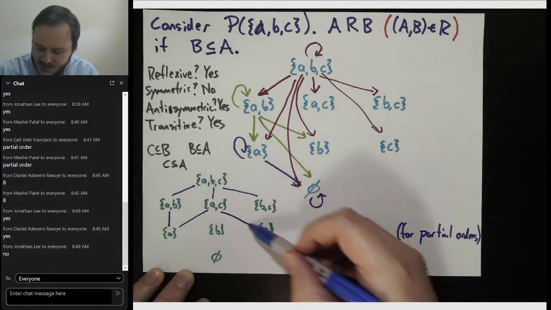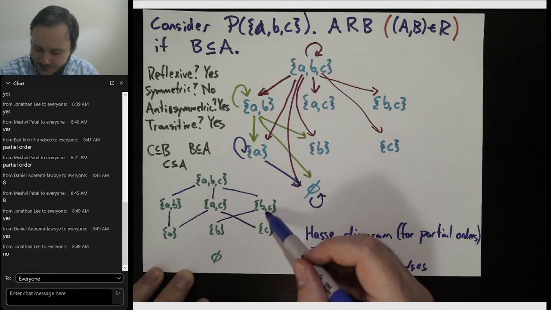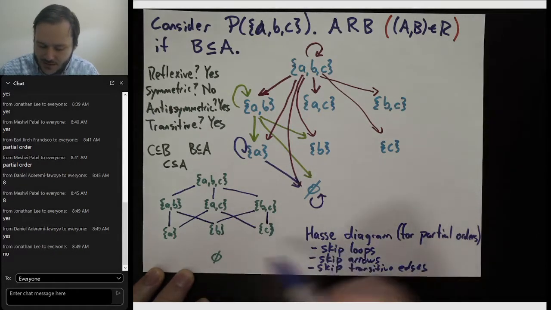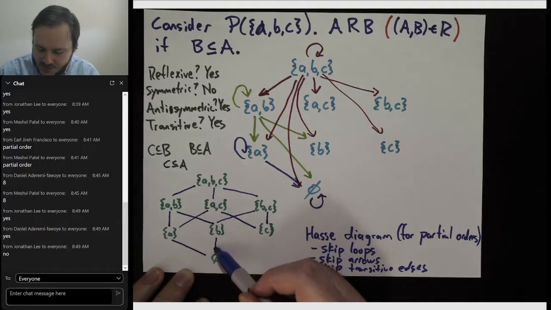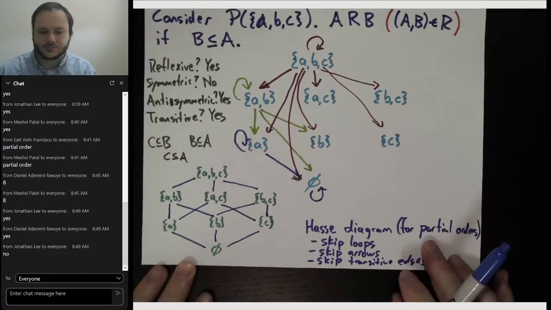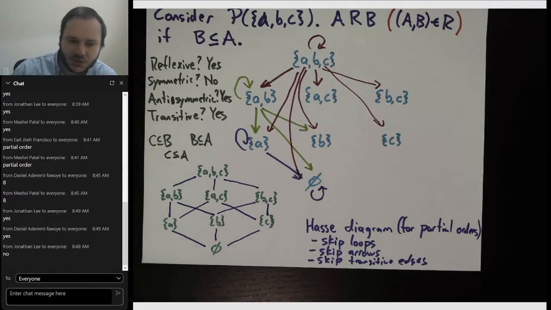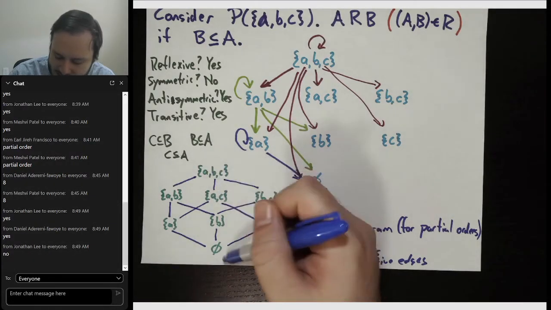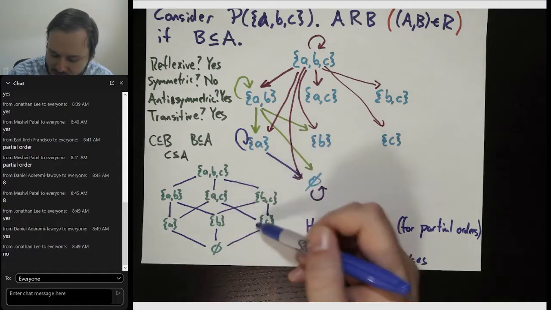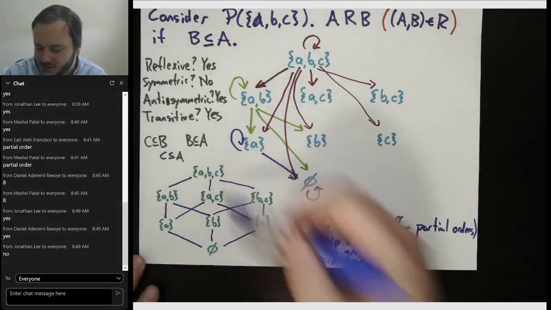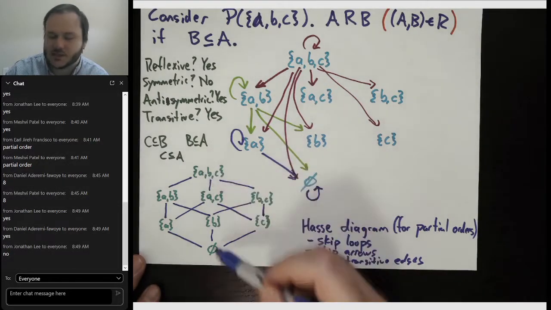AC also contains C, and B and C. And AB also contains B. And A, B, and C all contain the empty set. But all of the other arrows are just implied in the Hasse diagram. Right? I don't draw it from ABC to the empty set because that's implied by transitivity. There's an implied arrow from ABC to C, and then there's an implied arrow from ABC to empty set.